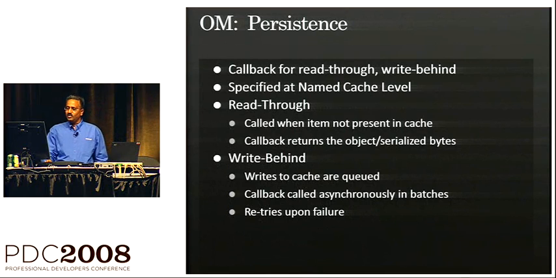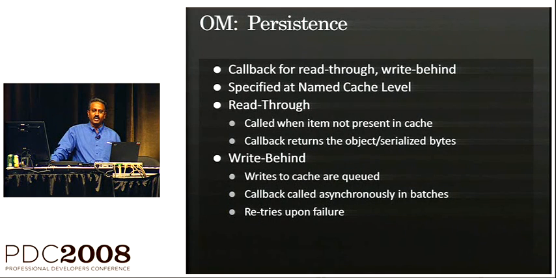And finally, talking about persistence, we are looking at providing callbacks for read-through and write-behind. Remember, I didn't say write-through. We looked at write-through and deferred it for now, because if you did a write-through, then it's in the path of your put.